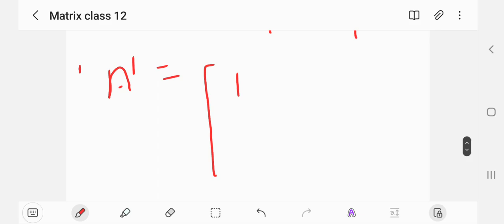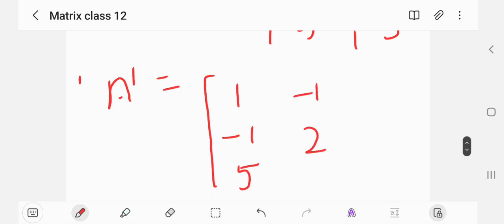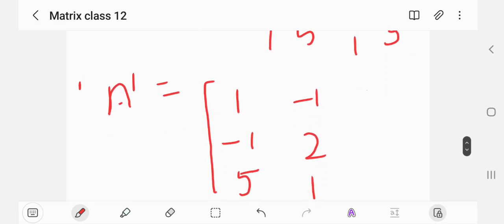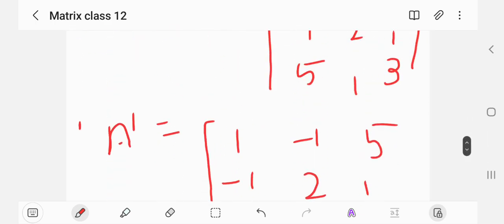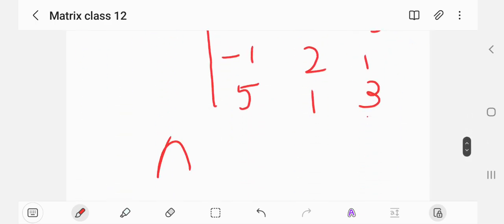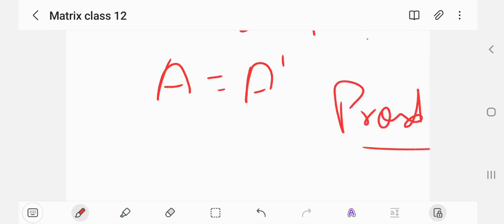I will get 1 minus 1 5, minus 1 2 1, 5 1 3. Are they both the same? Yes, you can see that A is equal to A transpose. Hence it is proved that it is symmetric.